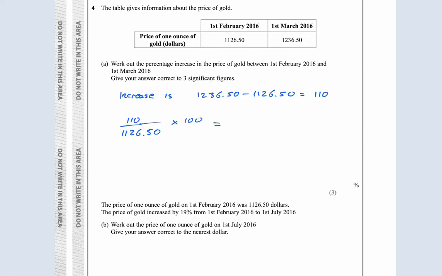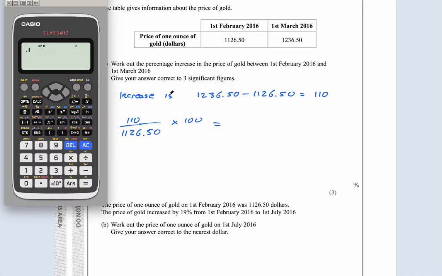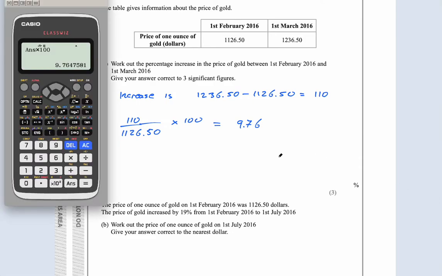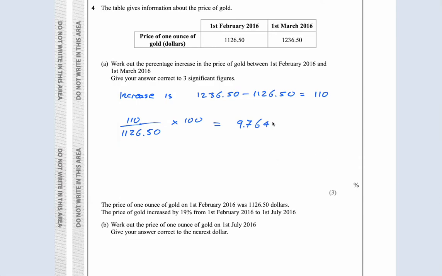So 110 divided by 1126.50, times 100, and I get 9.7648, let's say. But to 3 significant figures, 9.76.